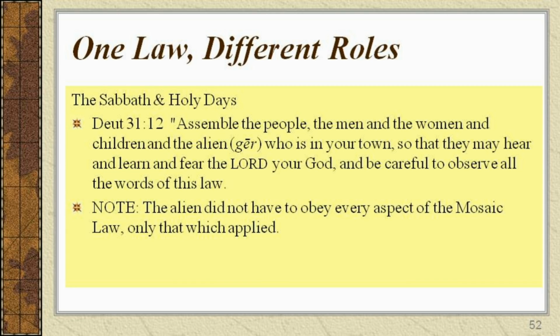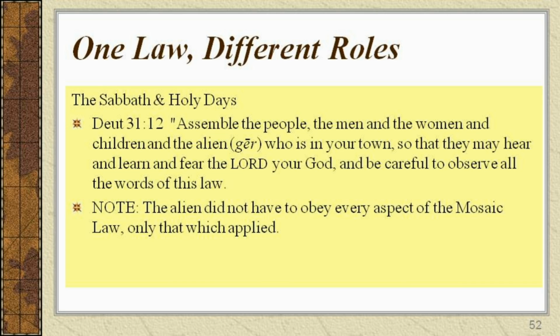So every 7 years, the leaders had to read the entire book of the law to all of the people, native Israelites and resident aliens alike, so that they would learn about God and carefully observe all His laws. Although resident aliens did not have to obey every aspect of the Mosaic law, God still wanted them to learn about His ways and to understand their rights under the law.